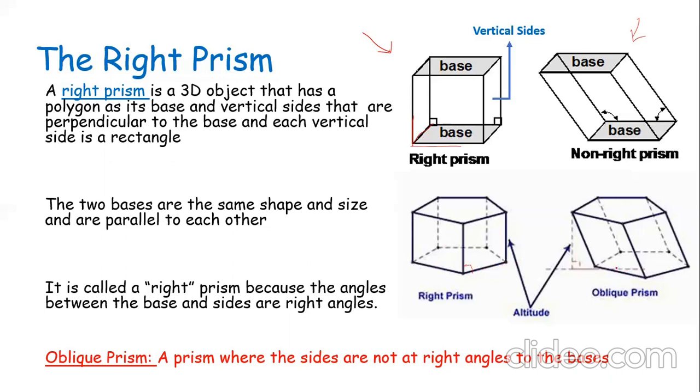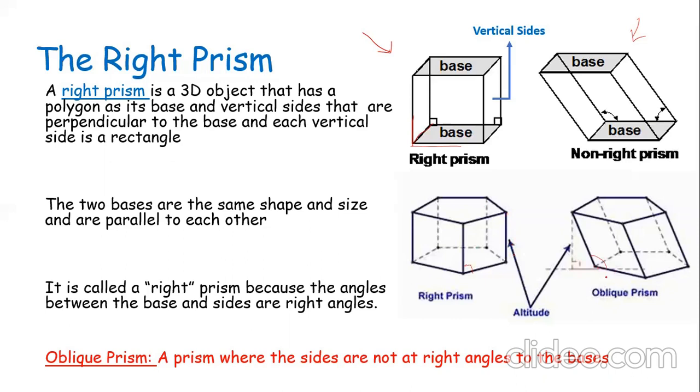However, in this prism, we notice that this angle is not a right angle, and we call this kind of prism an oblique prism. It's also, of course, non-right prism for this reason. Another thing, the height of this prism, which is the line that is perpendicular to both bases, is the same as the edge of the vertical side.